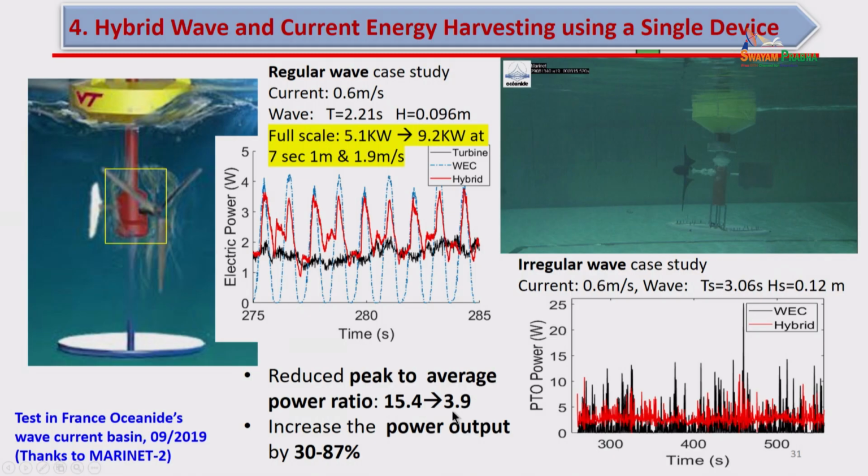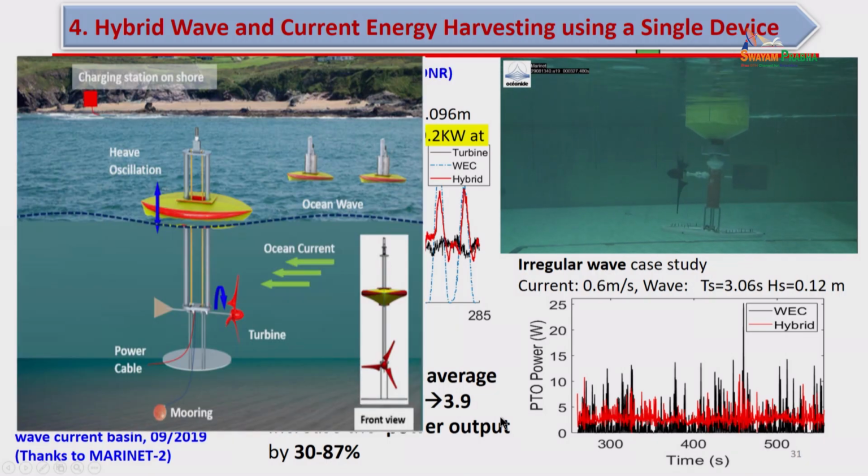As I mentioned, if you want to have a 100 kilowatt device and you have a peak to average ratio of 15, you have to design your system to survive 1.5 megawatts. Now you only need to design to survive 400 kilowatts. So we decrease the peak to average ratio.